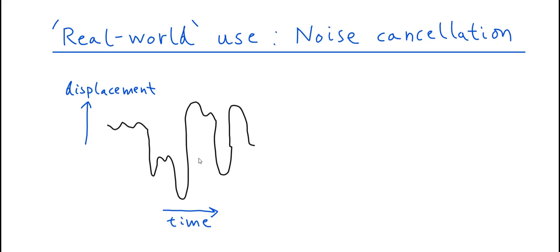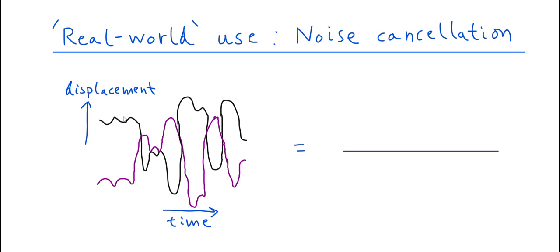Okay, so if the noise has this sort of profile, if it gets picked up by sufficiently clever electrical circuitry, that circuitry can create a mirror image of that noise, and that's represented by the purple wave. Okay, so it's a bit rough, but hopefully you get the idea. So the black and purple waves are just mirror images of each other.